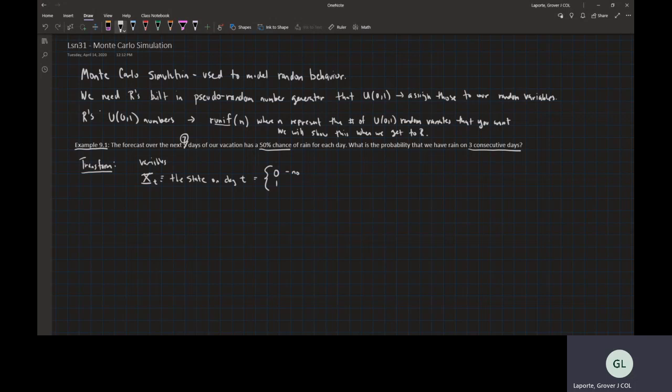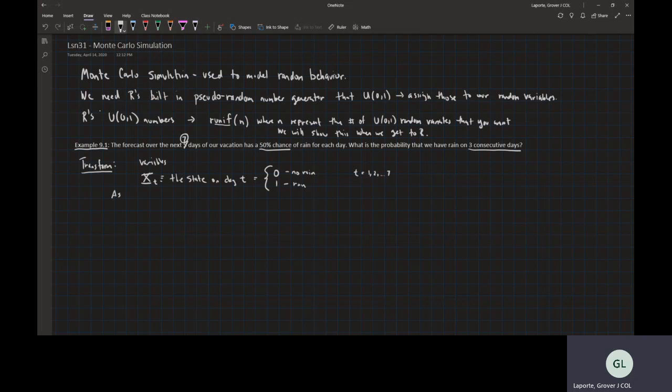So if X of 1 is 0, then there was no rain on that particular day. If X of 1 equals 1, then there was rain on that day. Where t is equal to 1, 2, dot, dot, dot, all the way to 7. So there are 7 days in this little thing we're trying to figure out.